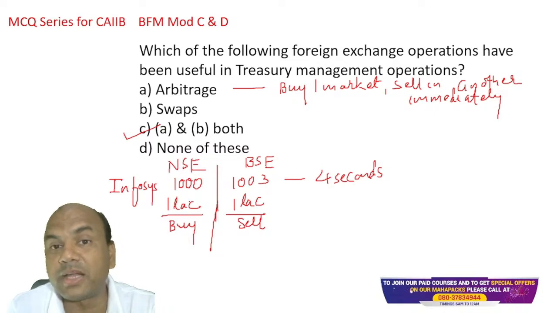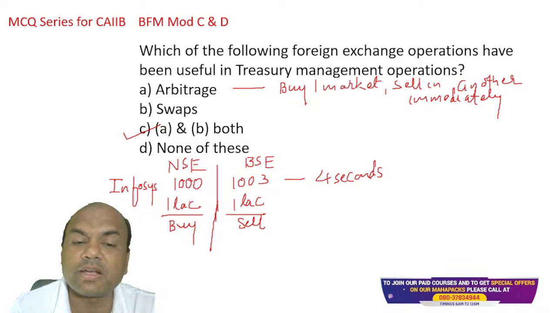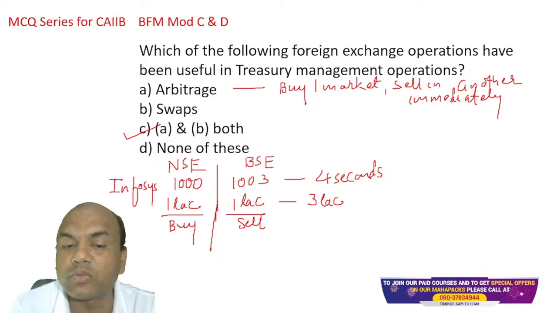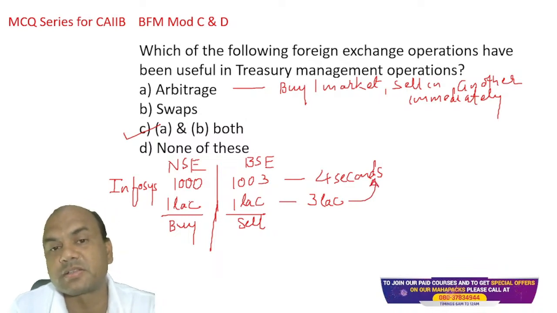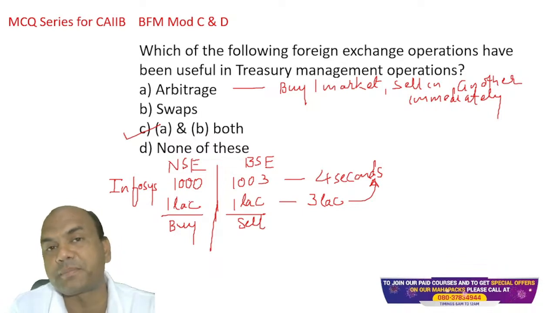My computers and internet need to be very fast. So what have I done? I've earned 3 lakh rupees, 3 into 1 lakh, in 4 seconds. That is arbitrage: buying in one market and selling in another market immediately.